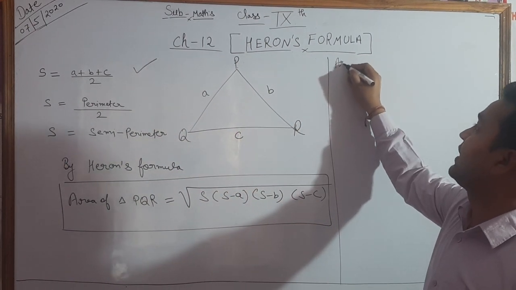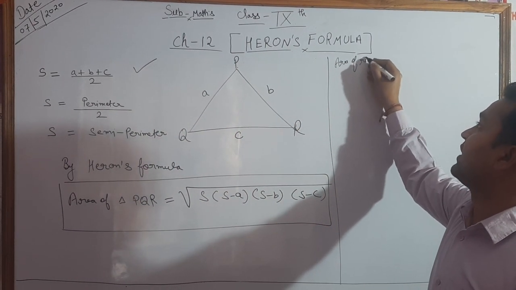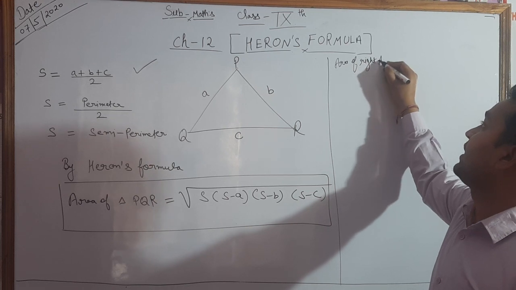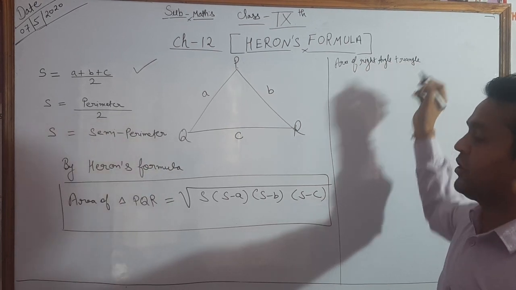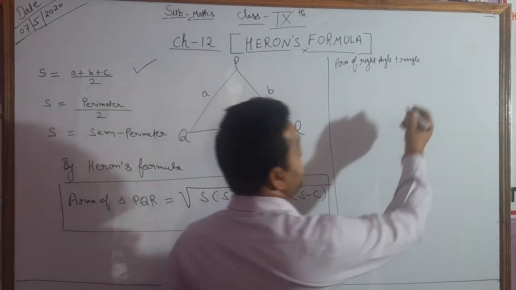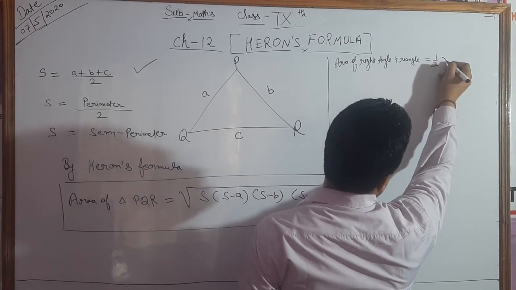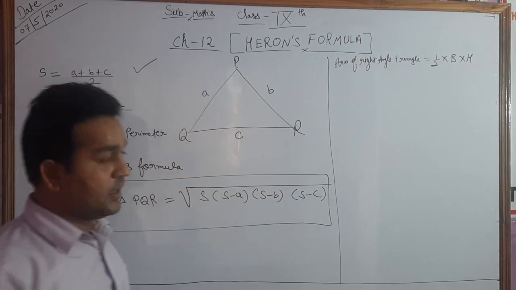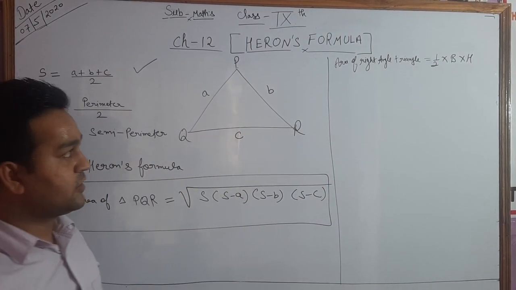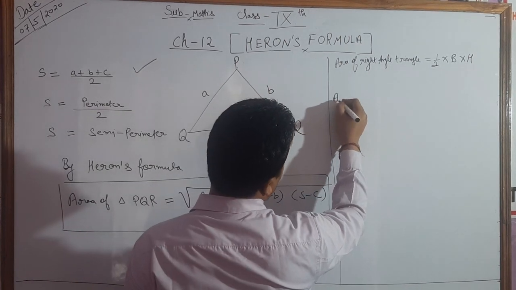So first you write area of right angle triangle, or simply you have to say triangle only. It is equal to half into base into height. Normal area is also this, and for a right triangle it is also this. Now area of equilateral triangle.